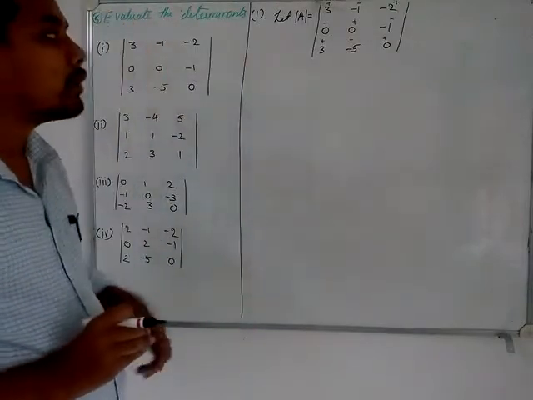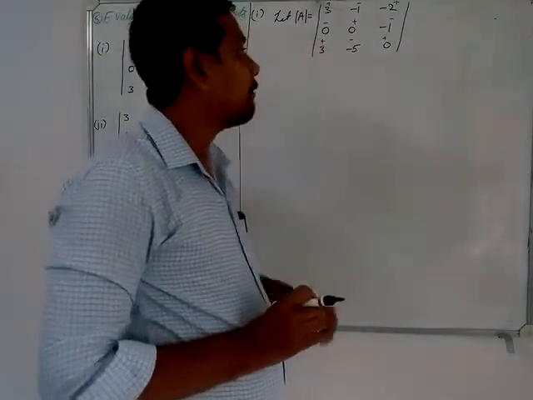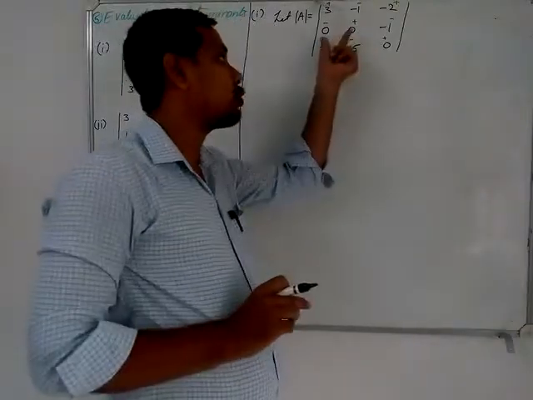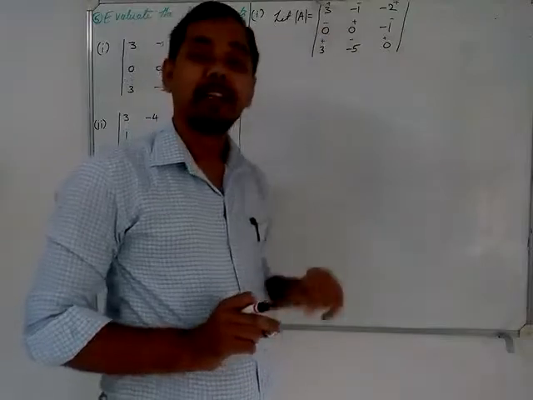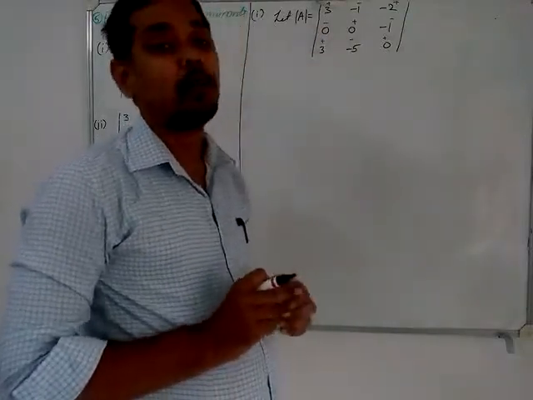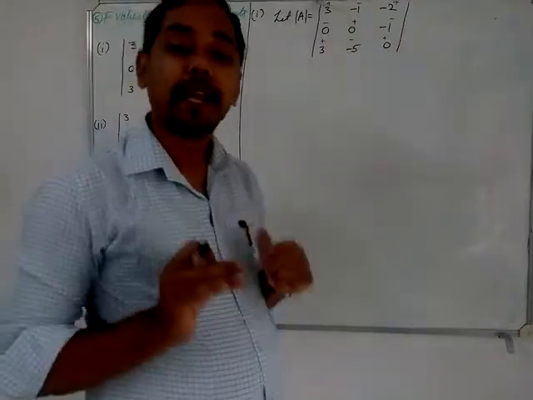Looking at this determinant, we find that the second row has the maximum number of zeros. It has 2 zeros, and only the third element is non-zero. So we can select the second row to reduce our working time.